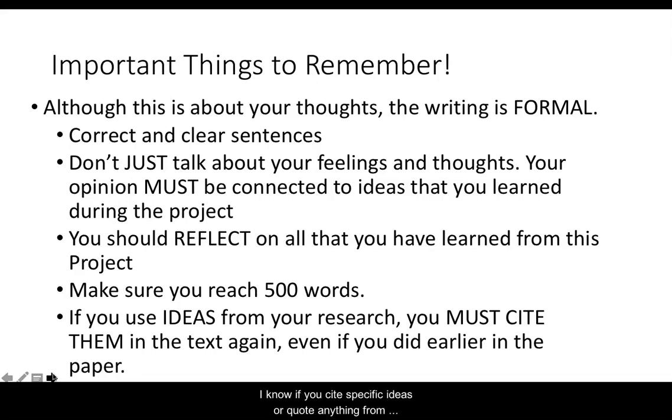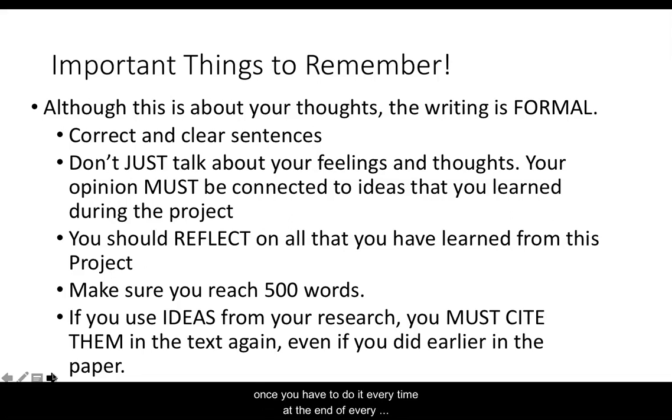And note, if you cite specific ideas or quote anything from the literature review, please make sure to cite it again in this section, even if you cited it earlier in the paper. So for instance, if there was an idea in the literature review that you found particularly interesting, and you mentioned it and summarized it in part 1 of the essay, if you're referencing and explaining what you learned from that, and you summarize it again, do an in-text citation for it again.